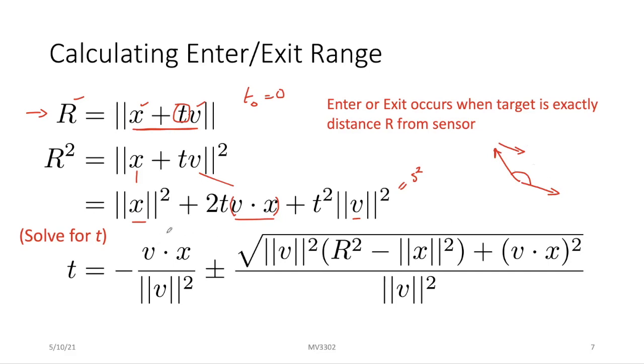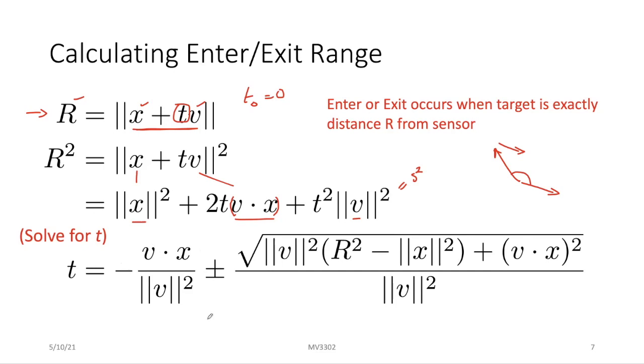So if the target is moving toward the sensor, if the velocity is such that it's working against the location, then this inner product is going to be negative, and so a negative of a negative is positive.